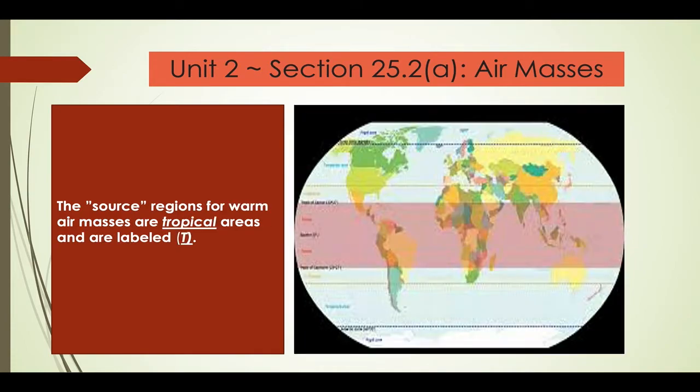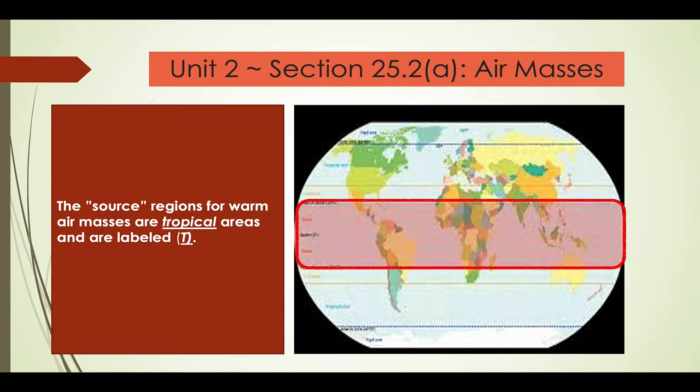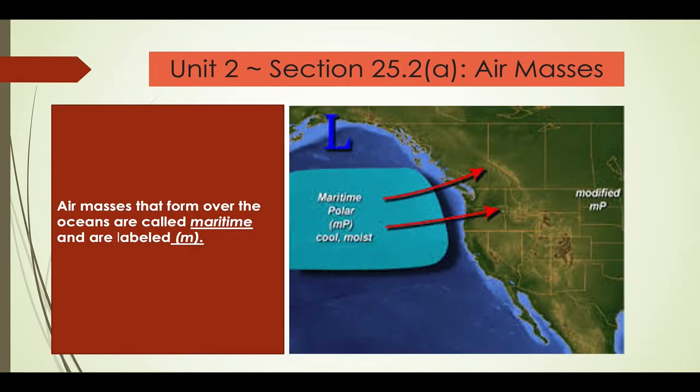Sources that come up from the warm tropical areas, we label with a capital T. So if they're coming up in that zone for us in our area, anything that moves up out of these areas, capital T says they're coming from the tropics. And air masses that come from the oceans, which we're in the center of the United States, but they still do reach us.